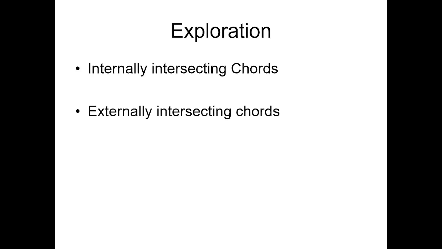Thirdly, we are going to also check another externally intersecting line, which we call tangents. But in the second case, we can also talk about the secant and the tangent. We can combine the two there. So we have those three parts that we are going to explore in today's video.